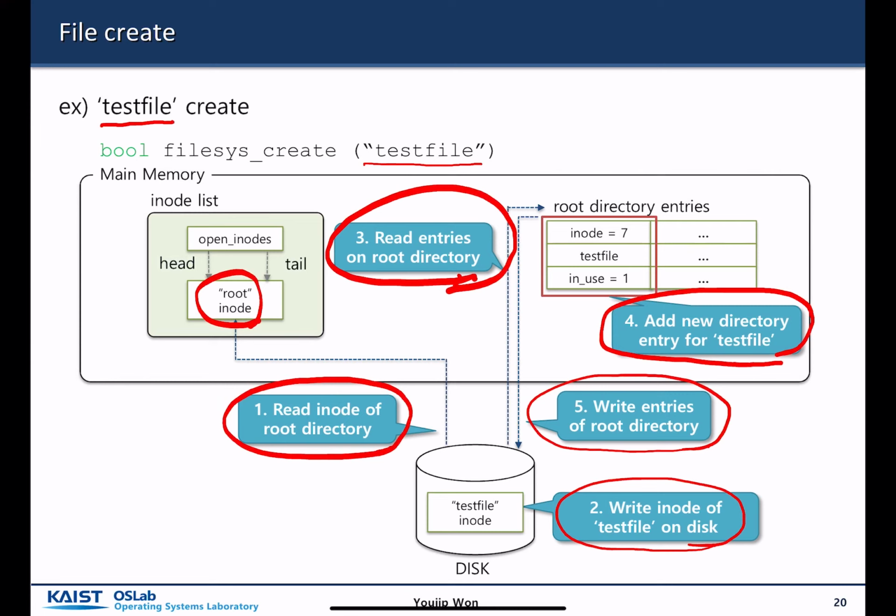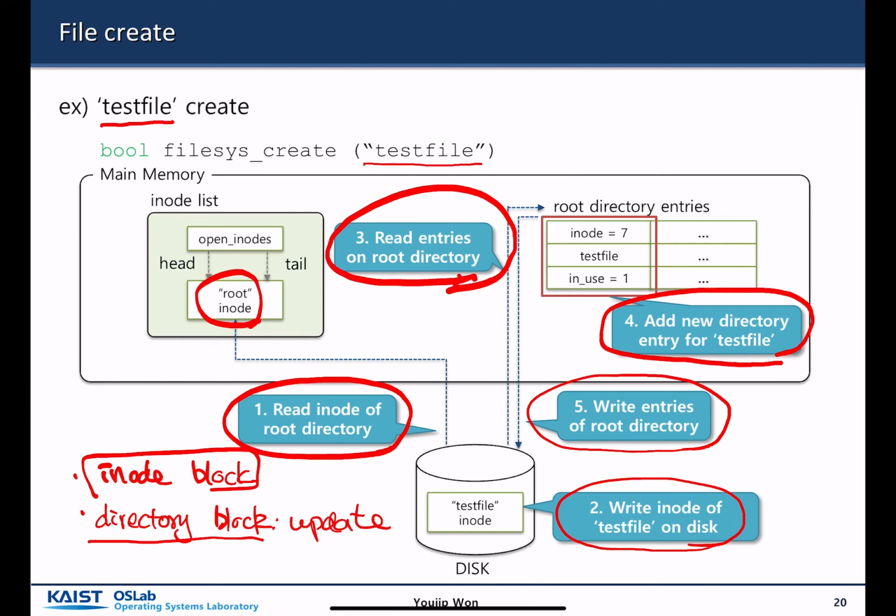Then let me ask you a question. Among these 5 steps, it only shows the steps of modifying and updating the inode block and directory block. Directory block is updated, but inode block is newly allocated.